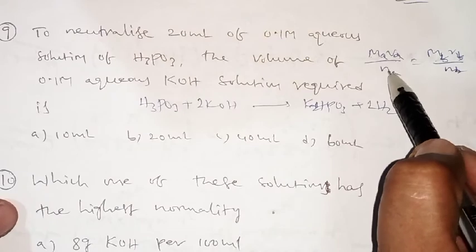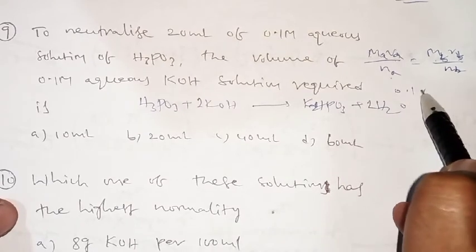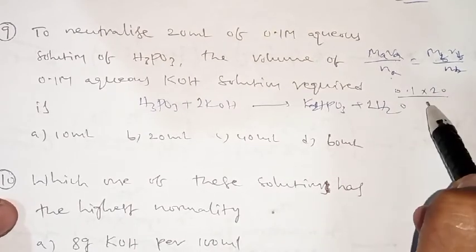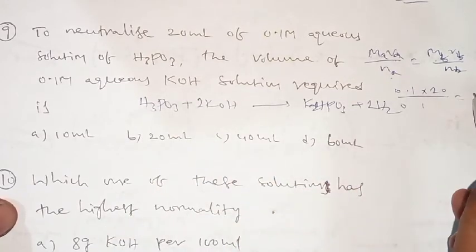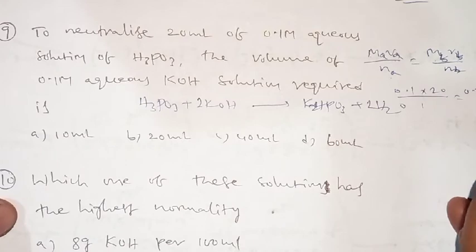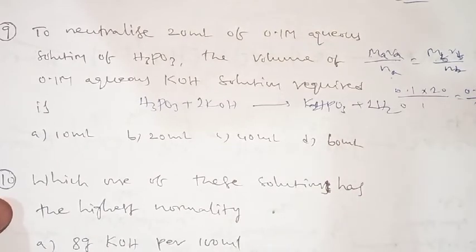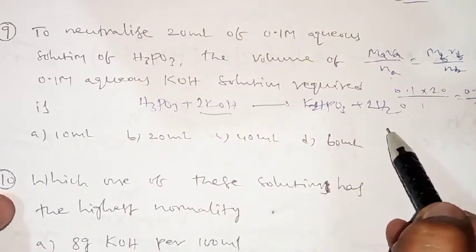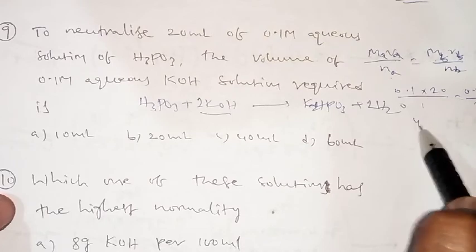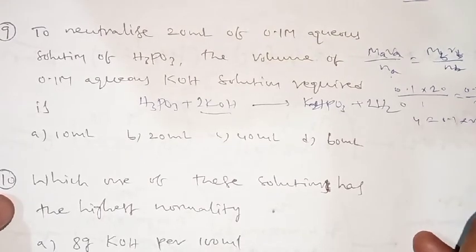So the molarity of the acid, how much is given? 0.1 into 20, because the volume is 20 milliliters, by 1, because in the reaction 1 mole, equals 0.1 into Vb, we don't know the volume of base, by 2, because its number of moles is 2 as per the equation. See the 2 KOH. Is it okay? If you simplify, 4 equals 0.1 into Vb, then Vb equals 40 ml.